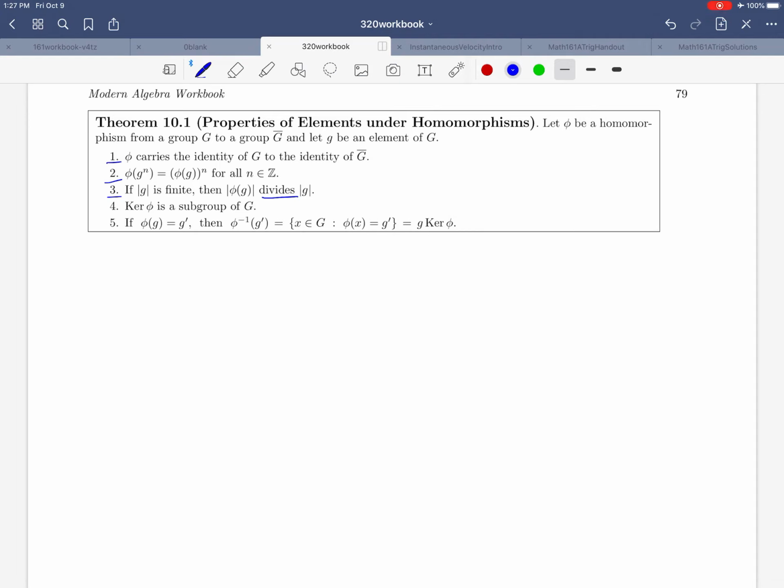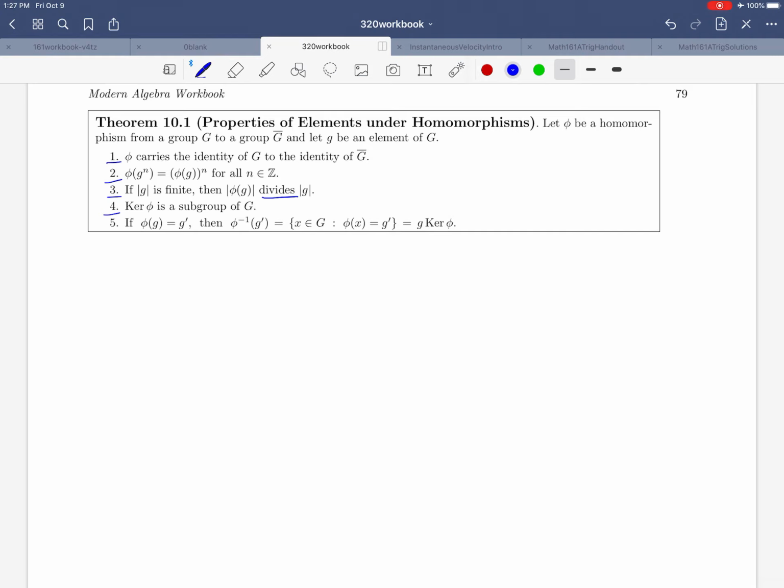So we don't have equality anymore, but we still have that the order of phi of g has to divide the order of g.